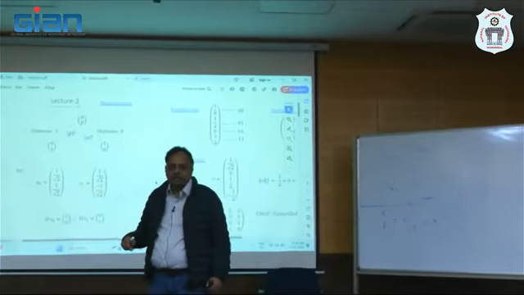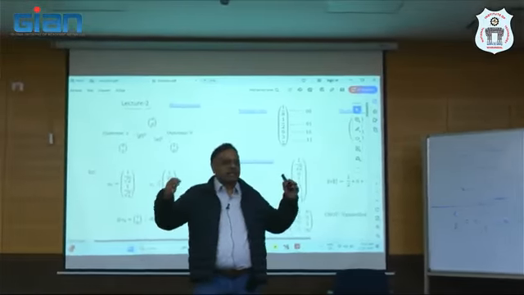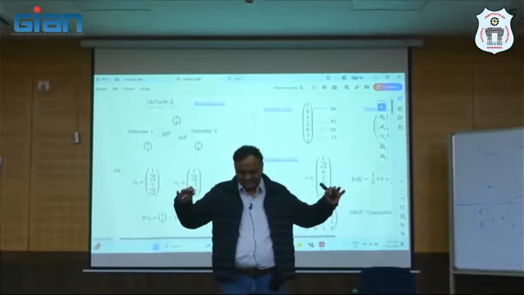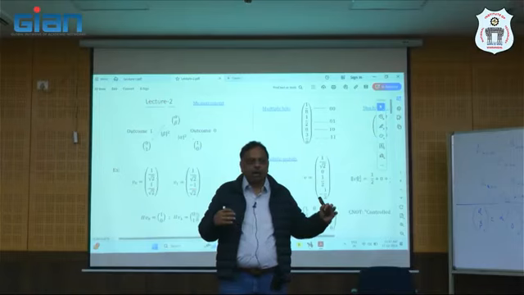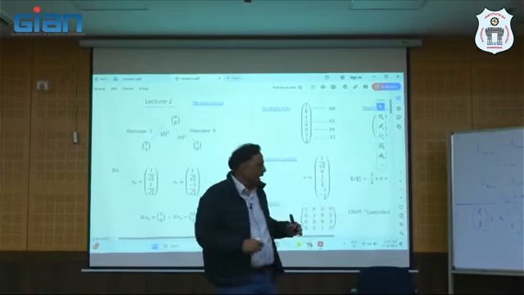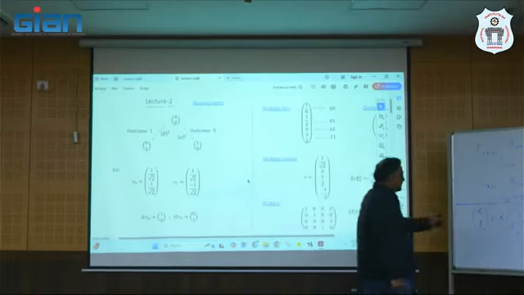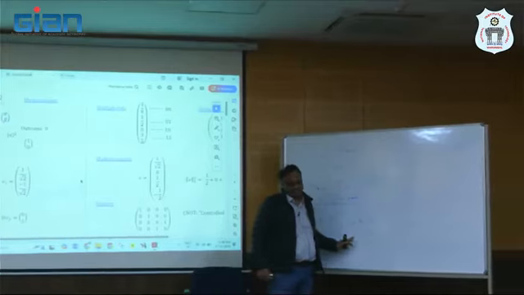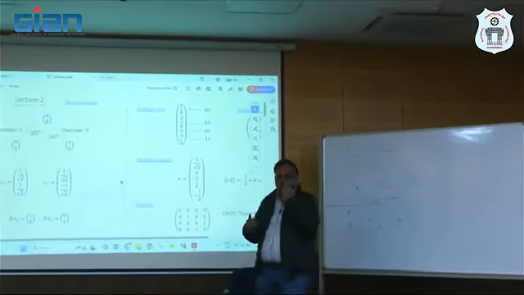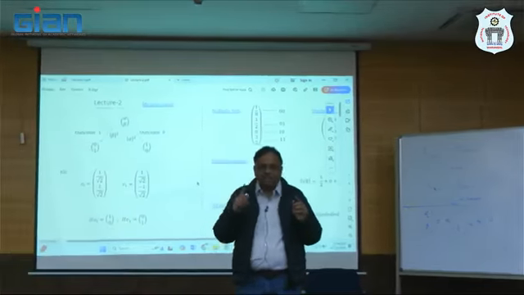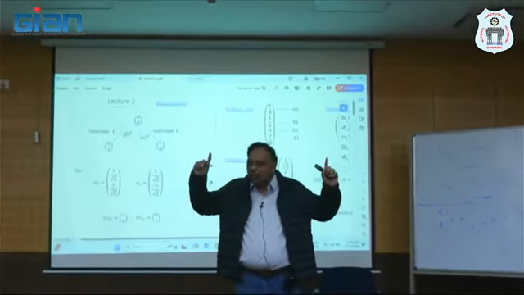Basis means every vector in the vector space can be written as some linear combination of these basis states. In fact, they form an orthogonal basis. Why? Because what is the inner product of this and this? Whenever the inner product is 0, we say they are orthogonal. So the inner product of these two basis states, which we are calling 0 and 1.